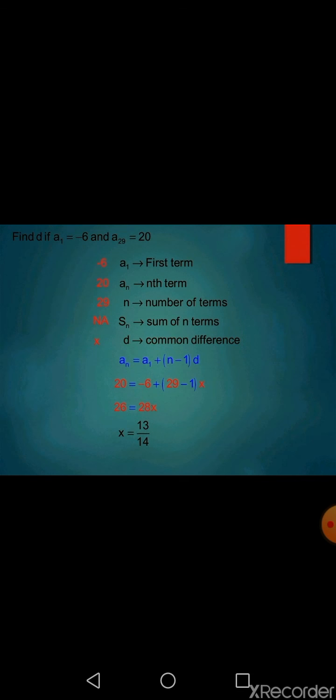The same is here. Find d if a1 equals -6 and a29 equals 20. I will write the formula. So a_n equals a1 plus n minus 1 times d. a_n is 20. a1, the first term, is -6, plus n, it will be 29 as it's written here, minus 1 times d.